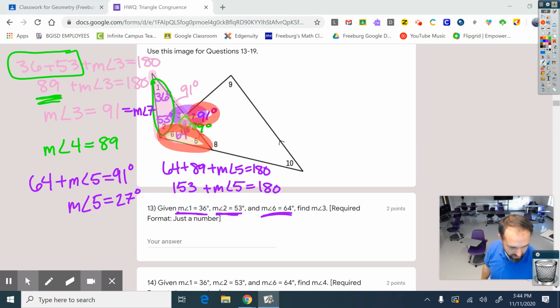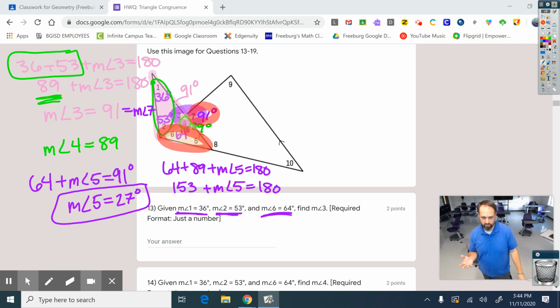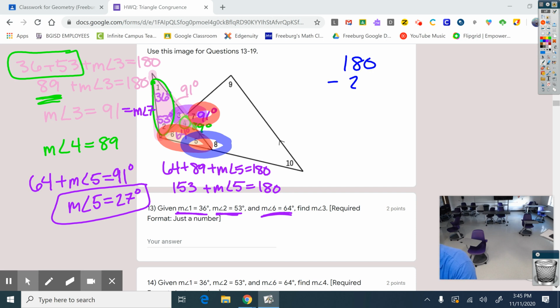Take it away from both sides and we'll see once again that angle 5 is 27 degrees. All right, well, if that's 27 degrees, you've got a linear pair right there. So 180 minus 27 is 153.